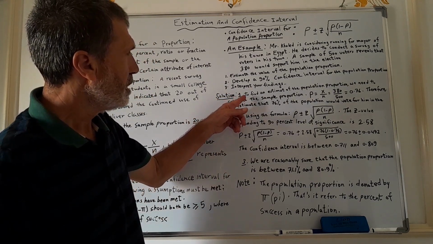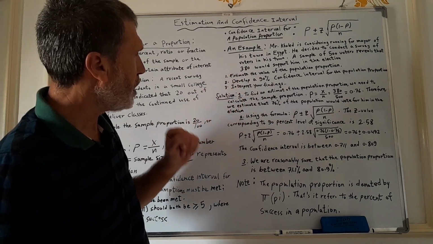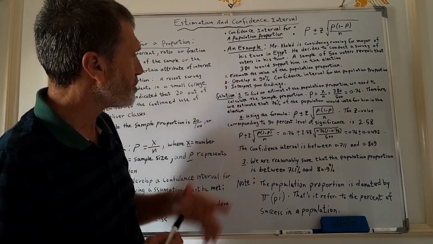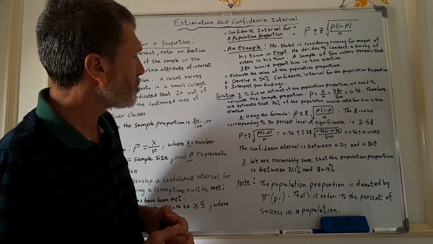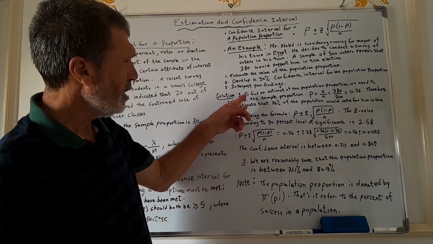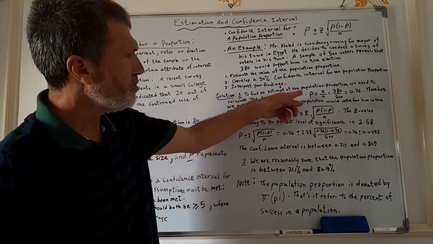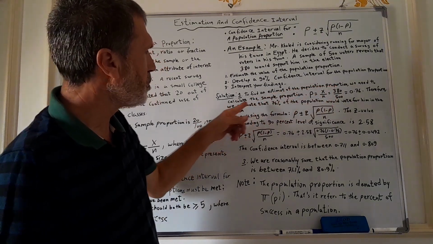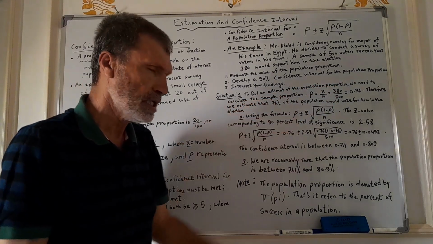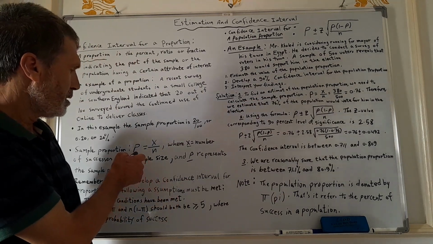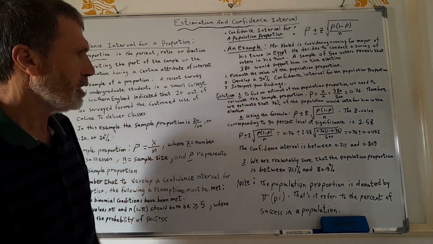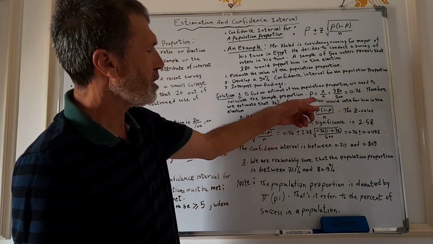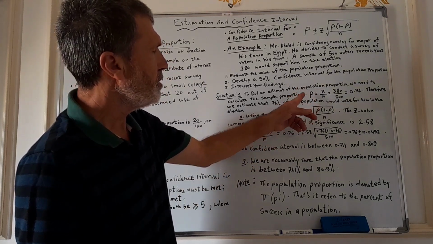Solution. First, let's answer the first part of the question. To find an estimate of the population proportion, we need to calculate the sample proportion using this formula, p equals x over n. Now we just plug in the values.